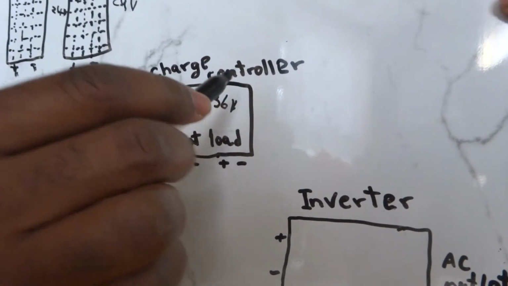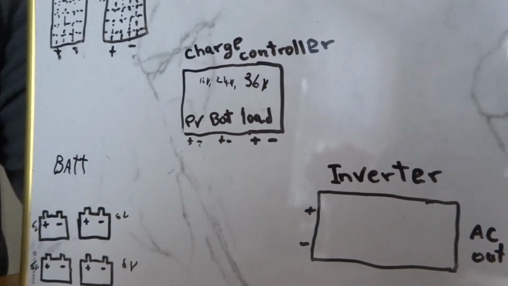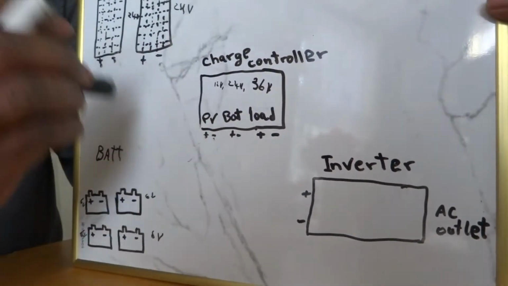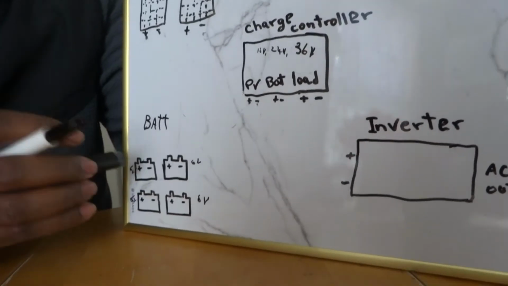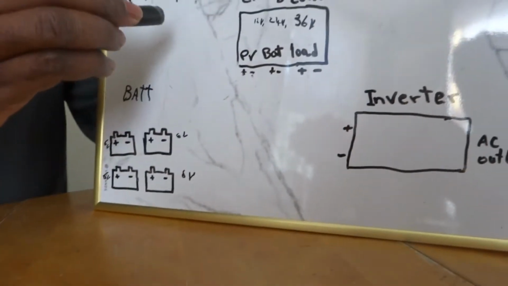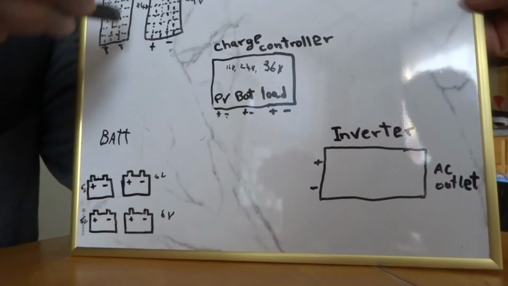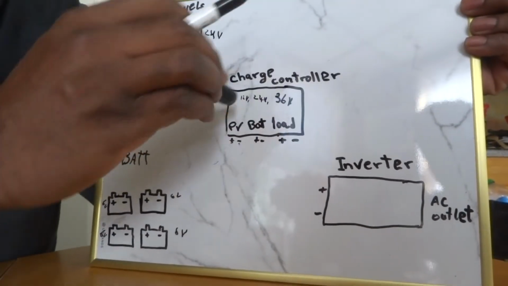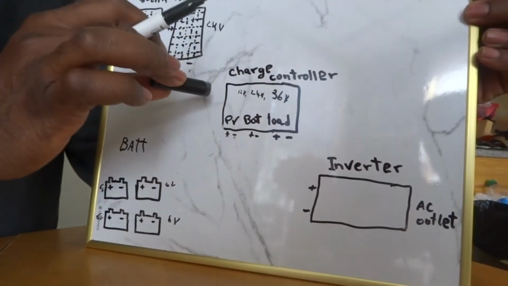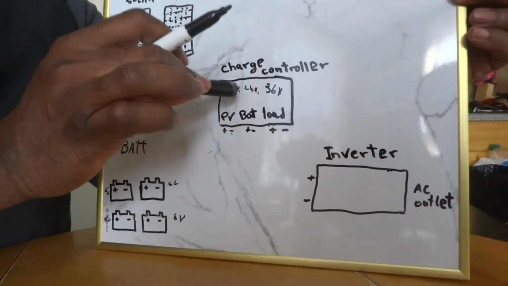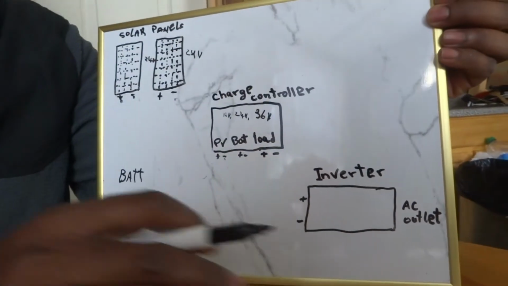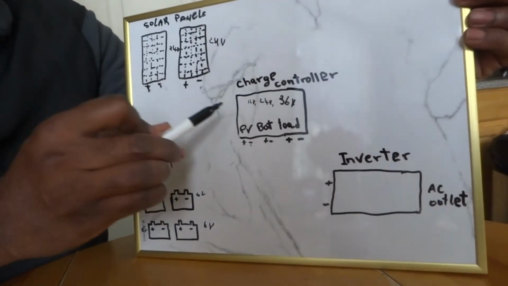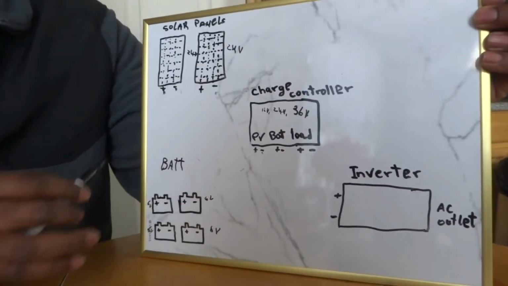The charge controller can automatically detect which voltage of battery you provide, and then it adjusts to charge the batteries from the solar panel. So our charge controller supports all of these voltages, 12, 24, 36. So we're going to make a 24 volt solar system.